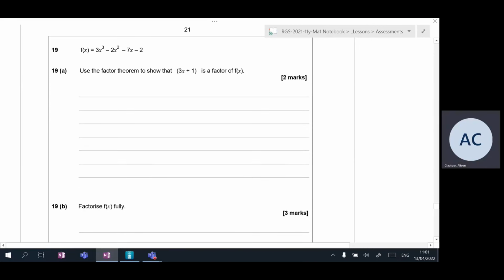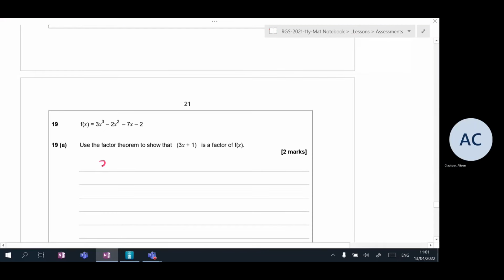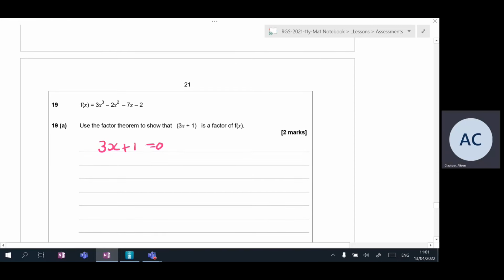Question 19 is on the factor theorem. So remember, when you're using the factor theorem to show that a bracket is a factor, we're thinking about the root. So if the factor is 3x plus 1, okay, that would happen when x is minus a third.